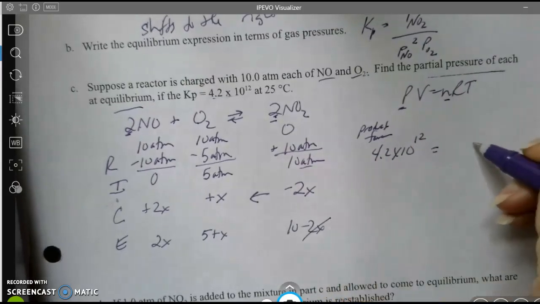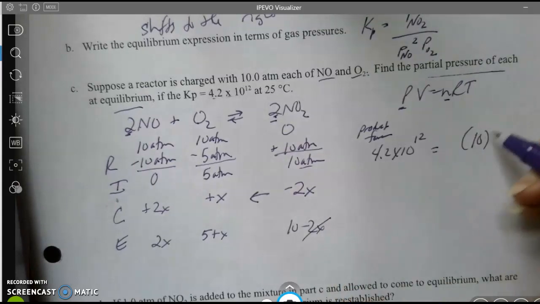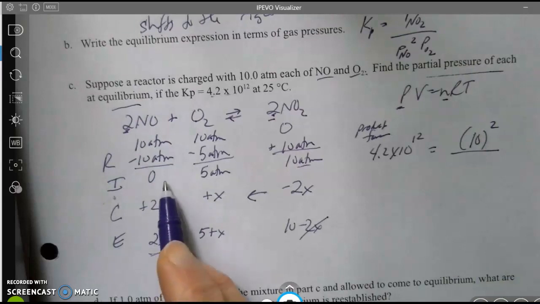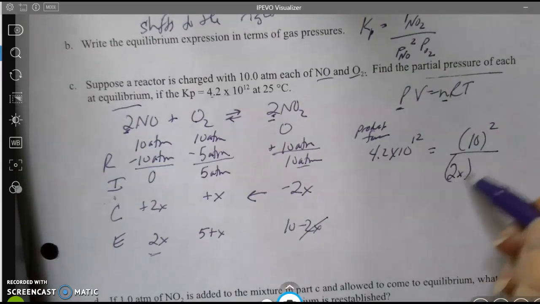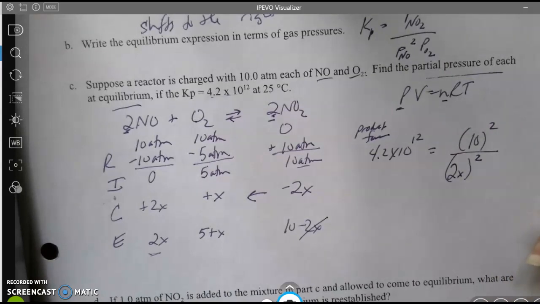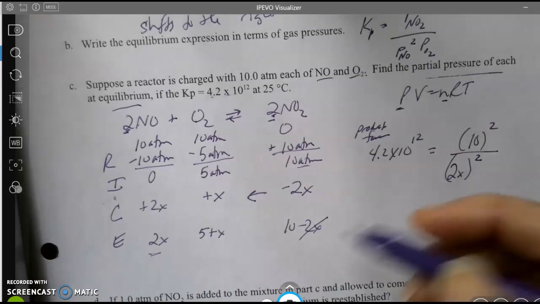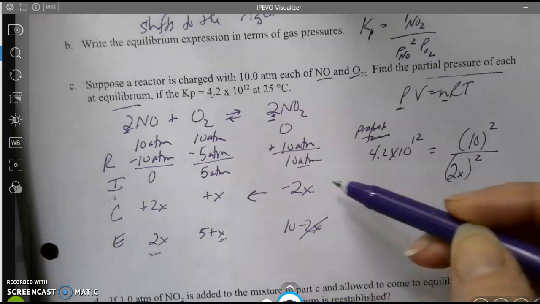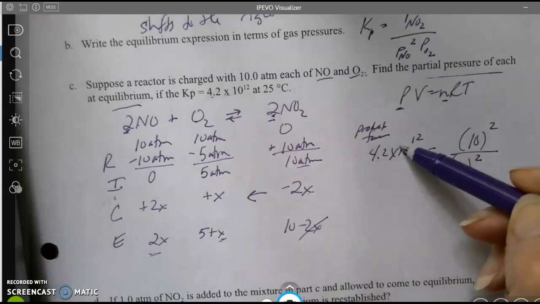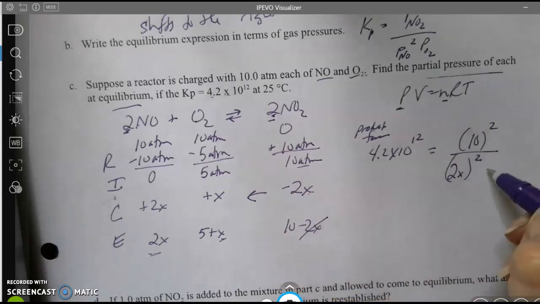So I'm going to get rid of that and just have 10 squared. I can't get rid of this because it's a 0, so that amount is not insignificant. So I'm going to have 2x squared. And again, the amount of x that we're going to lose is going to be very, very small because this is such a large number. So this is going to be times 5.